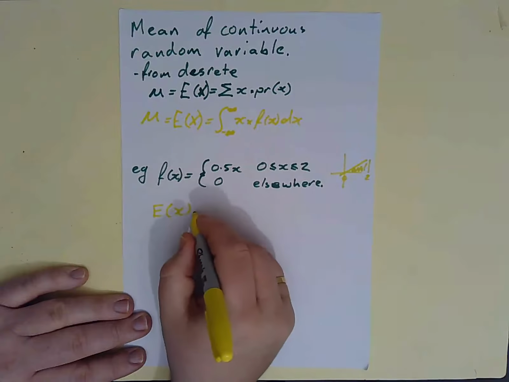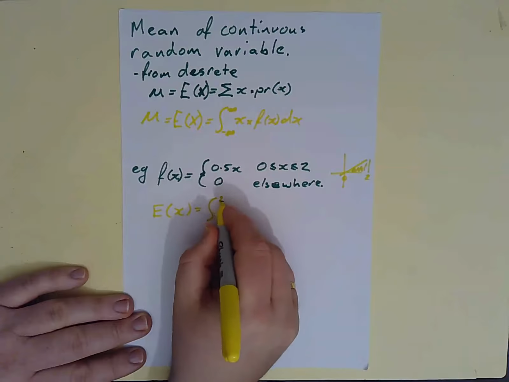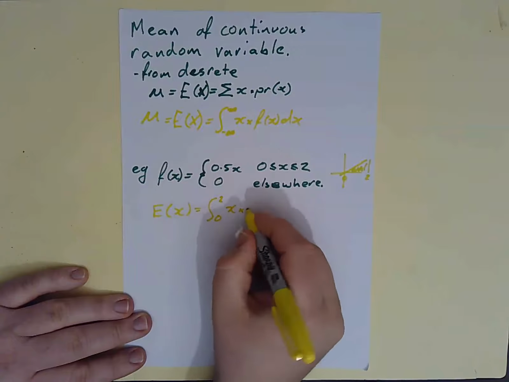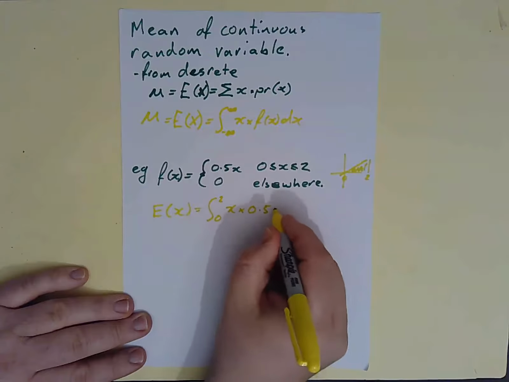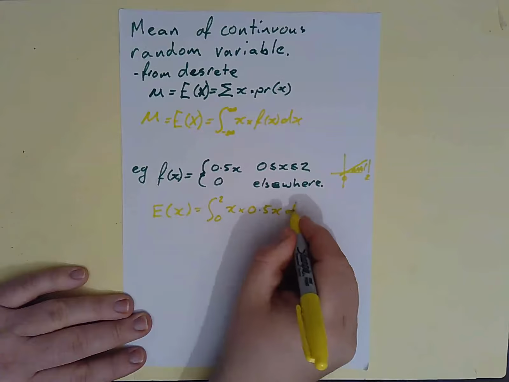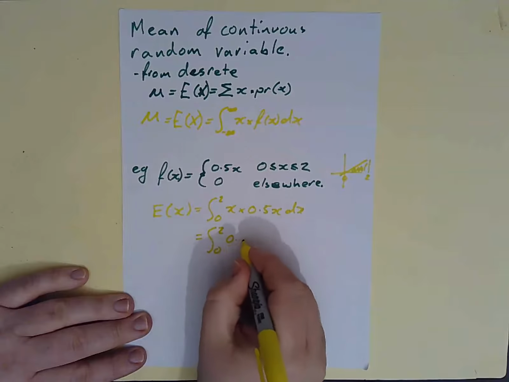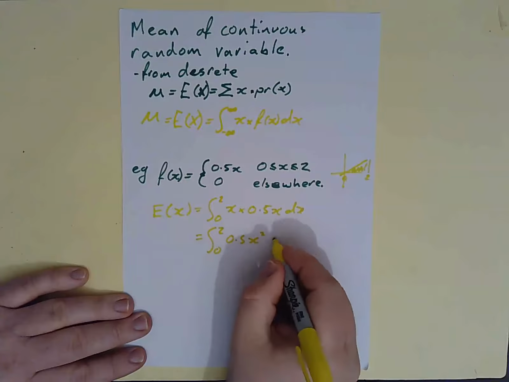So here I want to do the integral between 2 and 0, because those are the values I care about, of x times my function, which is 0.5x. So let's just quickly, that's going to be 0.5x squared.